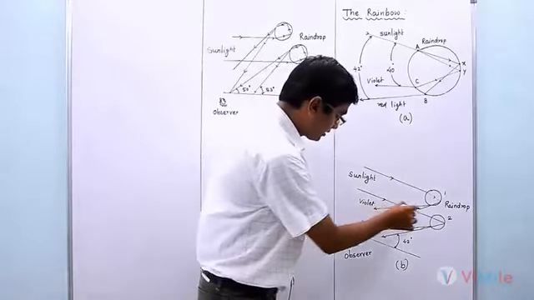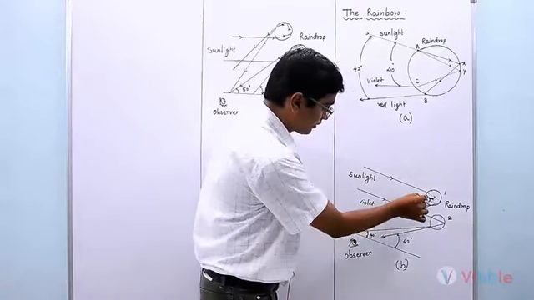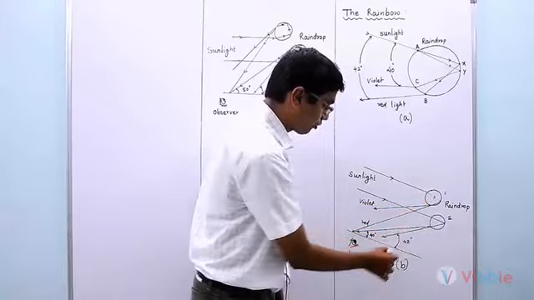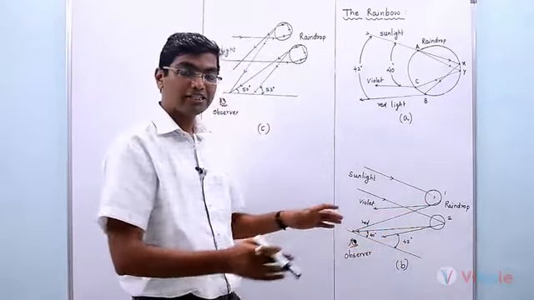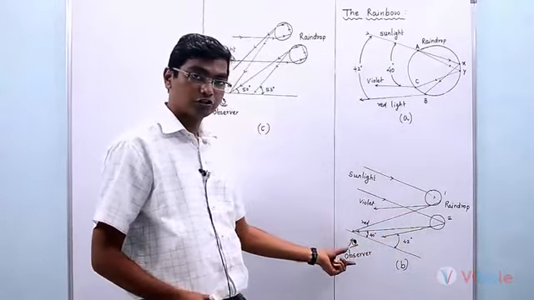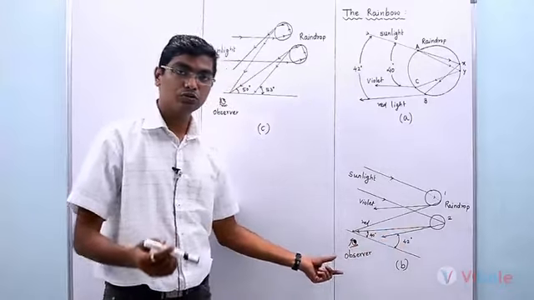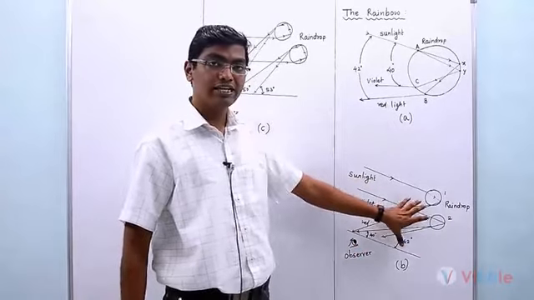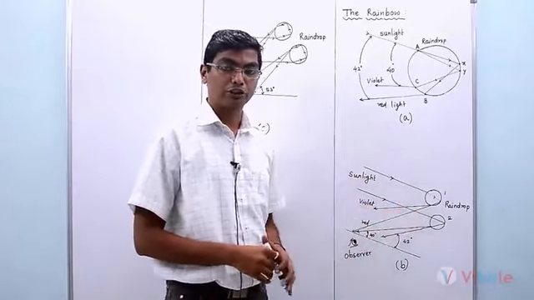The other two rays, that is the violet ray from raindrop 1 and the red ray from raindrop 2, are placed above or below the observer. So he doesn't get to see these two rays, and therefore we get to see a primary rainbow formation.